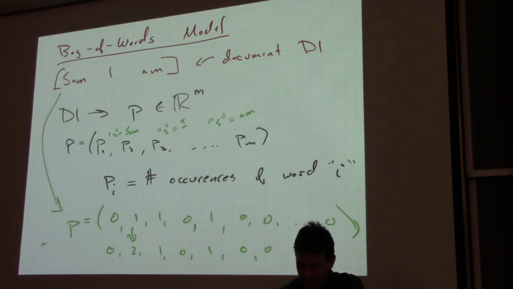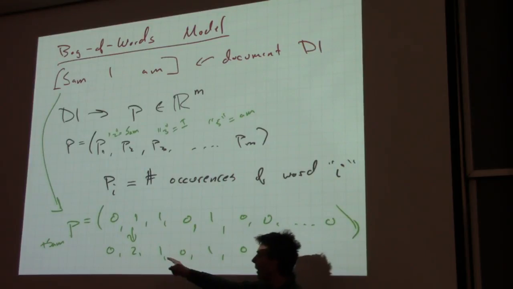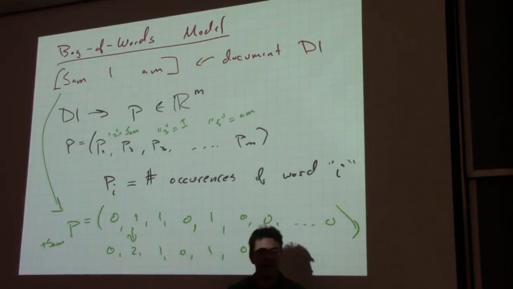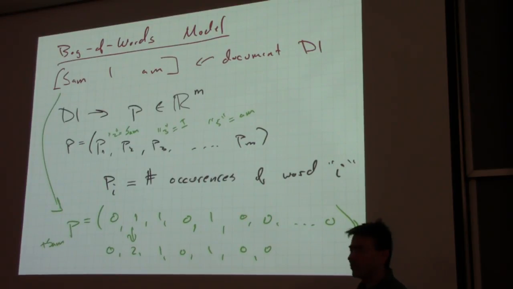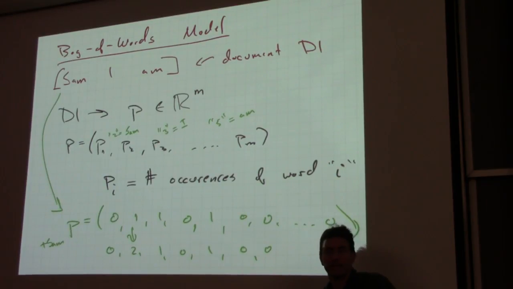If Sam occurred again, I would increase the counter here. So in this way, I keep track of every word individually. I typically don't do this with charactergrams or wordgrams. I usually keep track of individual words, and then I keep track of these word counts.